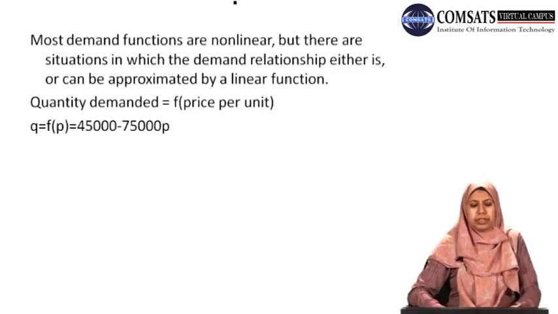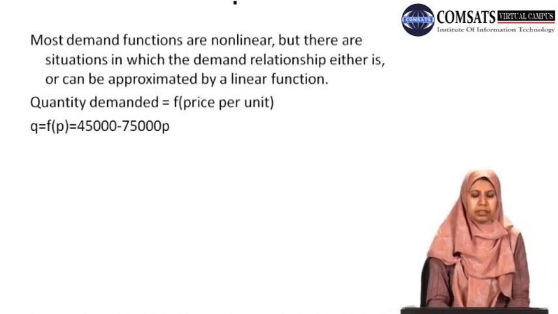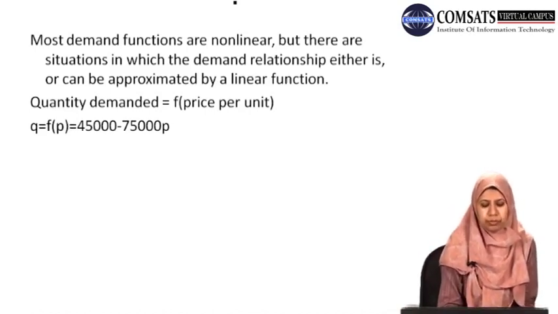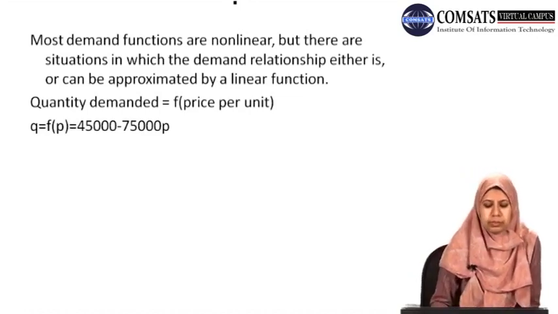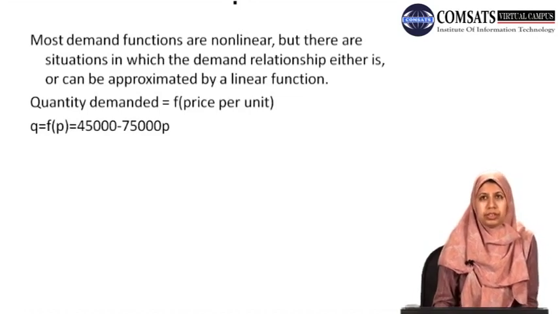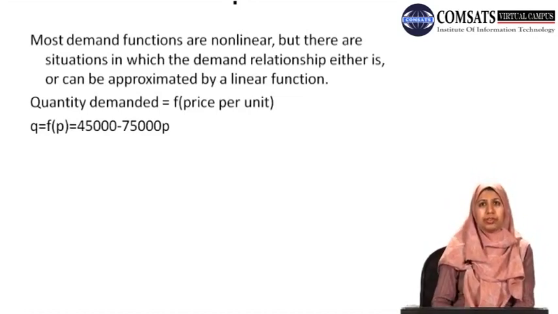If small q represents the quantity demanded, and p represents the price, then q = f(p), which can be equal to 45,000 minus 75,000p. So it is a linear function in terms of price per unit.